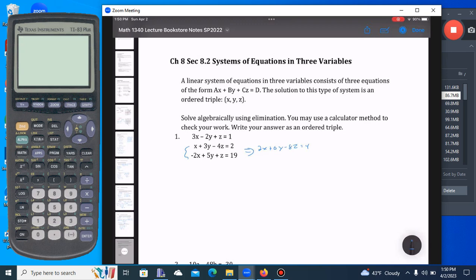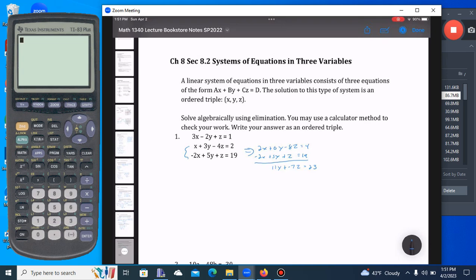And the bottom one I'm not going to manipulate at all, because the x's then cancel out. So I'll end up with 11y plus negative 7z equaling 23. Make sure I did that right. 11y, negative 8 plus 1 would be negative 7, 23.